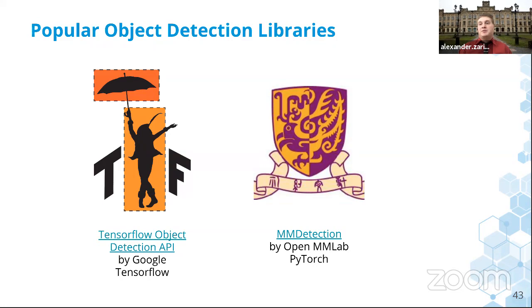But Detectron is rapidly growing, and it already has support for ONNX. So you may try to convert some models from Detectron to ONNX, and then try to optimize them using the same OpenVINO.